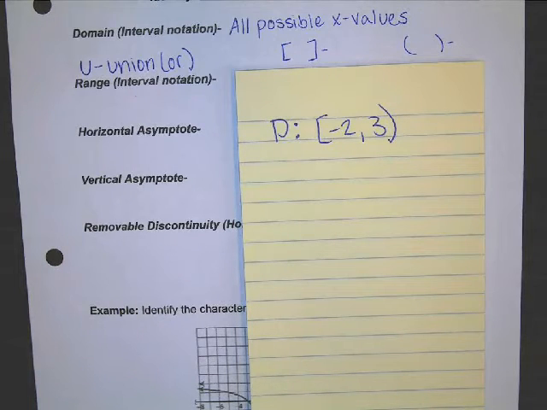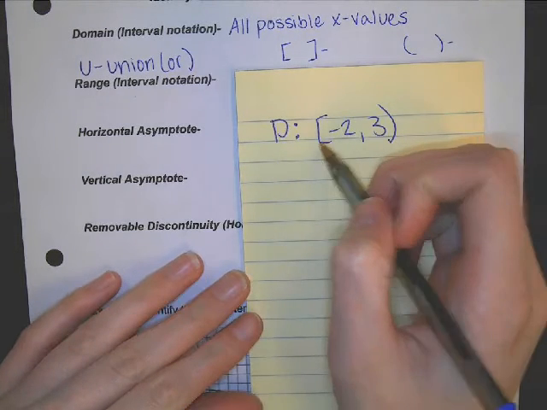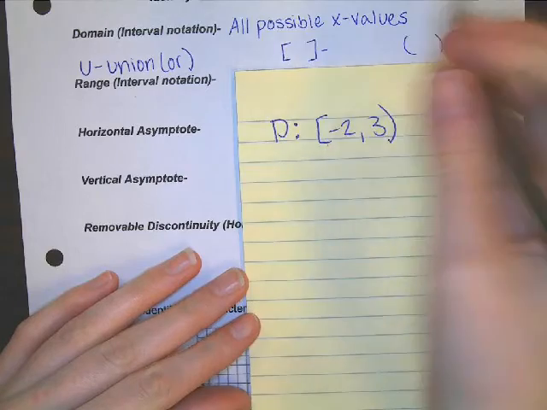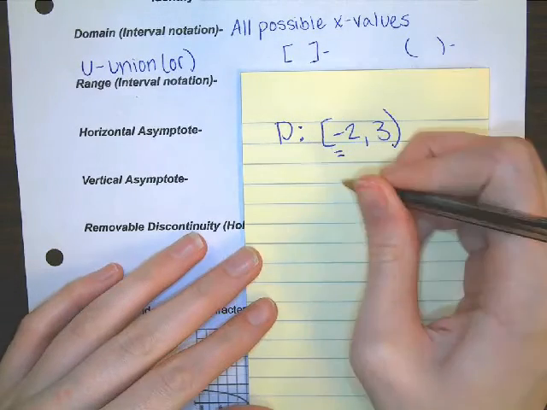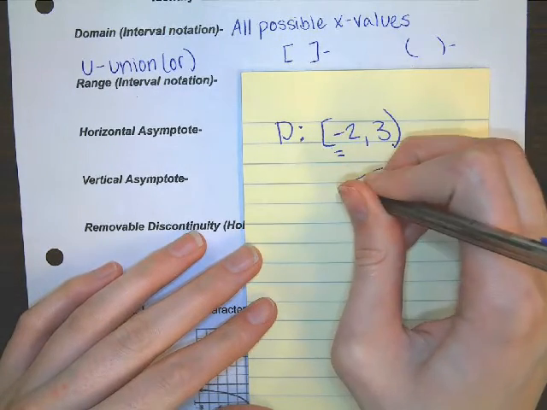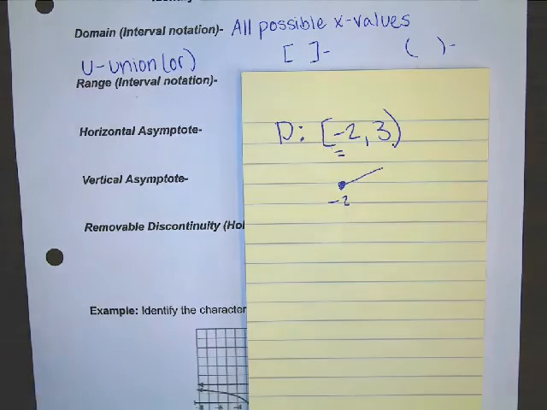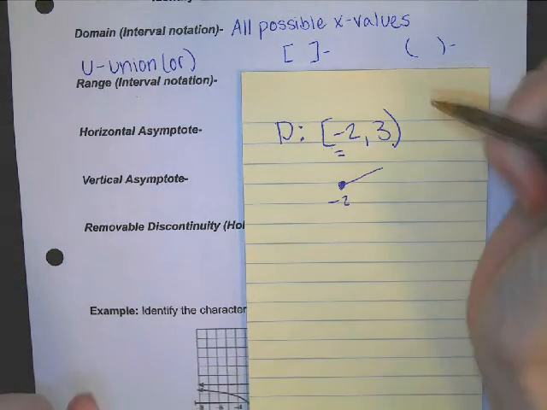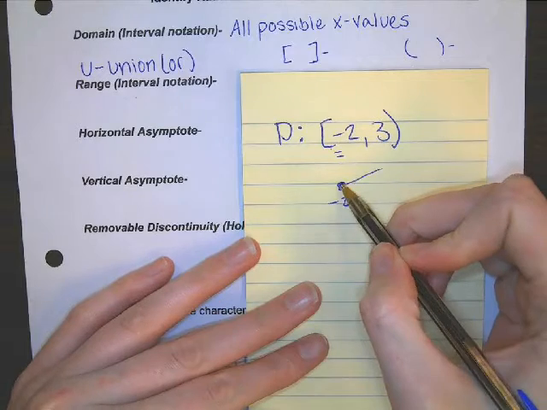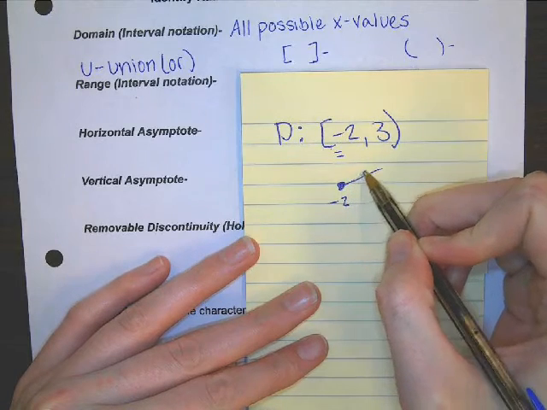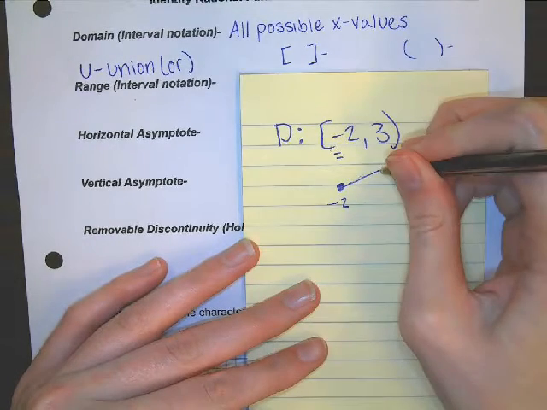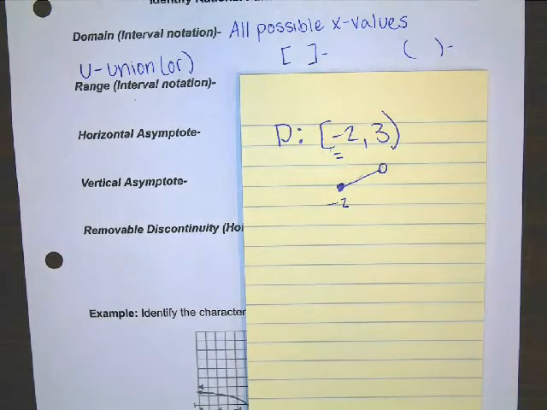Parentheses means in an area. A bracket means that point. Exactly. So a bracket means you can equal. It's a definite stopping point. You're going to equal -2. Think of it as a closed circle. Here's -2. I stop there. It's a definite point. 3 means, well, I'm going in that general direction. I'm approaching 3. But at 3 is going to be what's called an open circle.